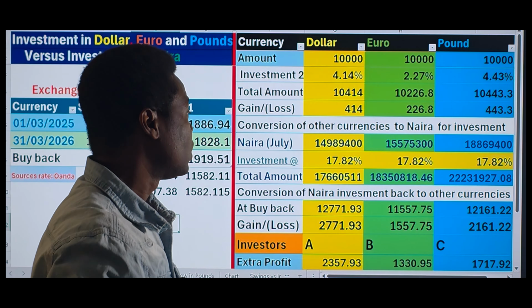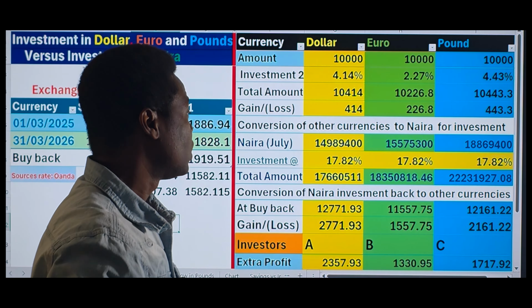All these rates are not assumed rates. They are the rates generated from the DMO of these various countries. DMO simply means Debt Management Office. That is from their website. Let's see the exchange rate as at the beginning of this investment and as at the end of the investment.